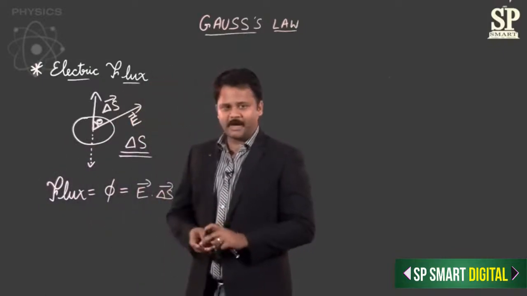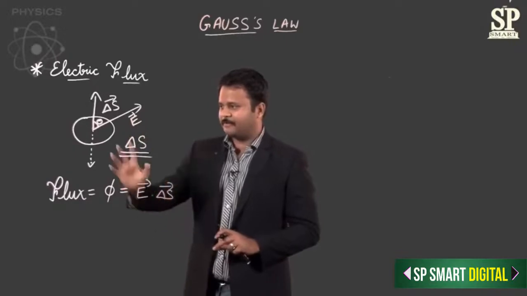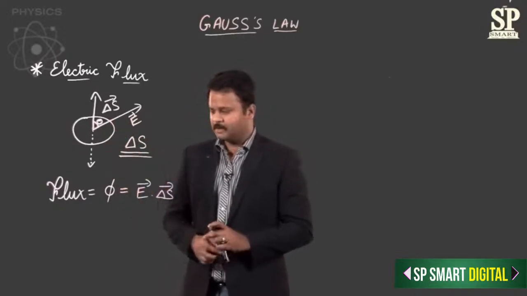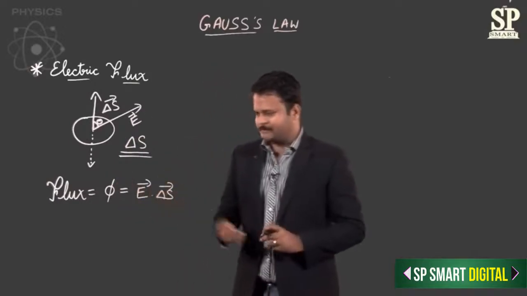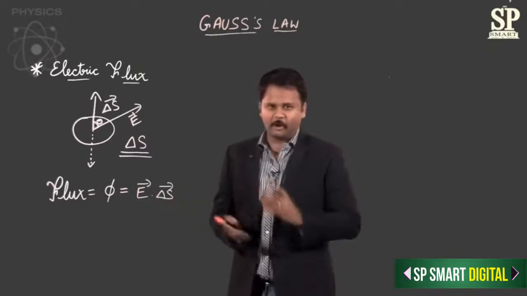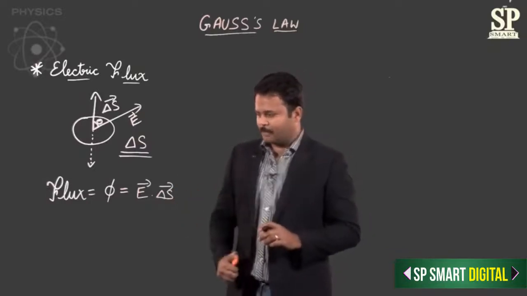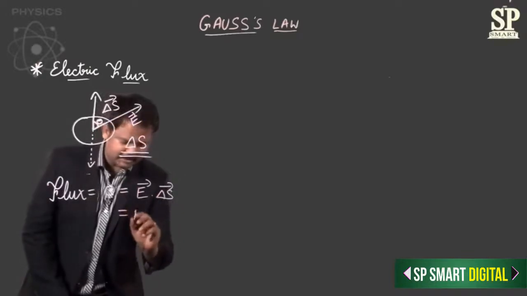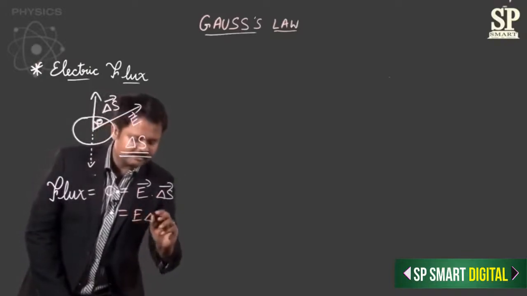And right now what we've done is, we have derived it for a small plane surface which is in the form of a disk. Let's first of all play with this formula a bit so that we can know about it thoroughly. For example, if we expand this formula, it becomes equal to E delta S cos theta.